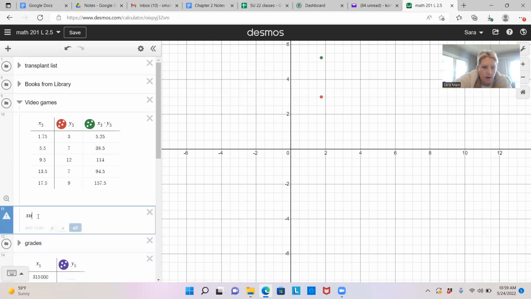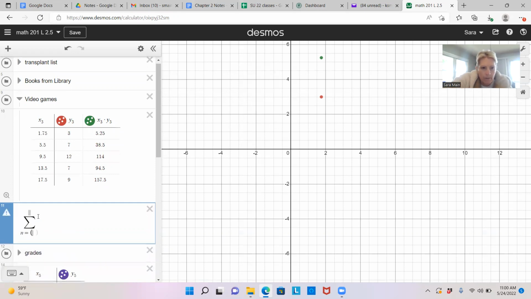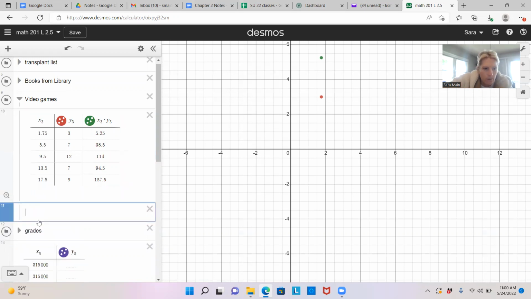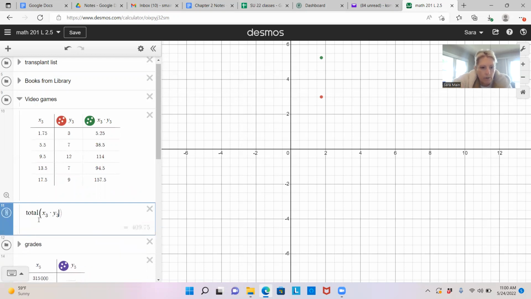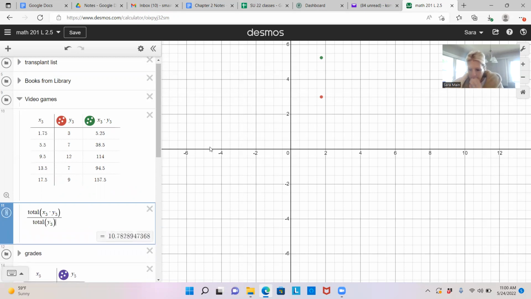So we're going to say sum, no, we don't want to sum, we want a total. Total the x3 times the y3. And then we're going to divide by the number of observations, so the total of y3, the count of y3. And that's going to be our average, 10.78.